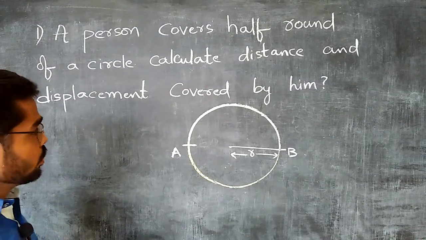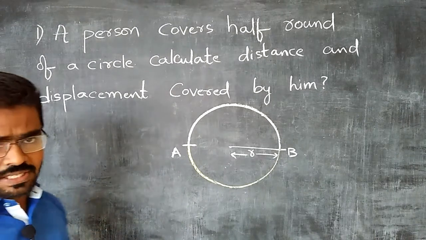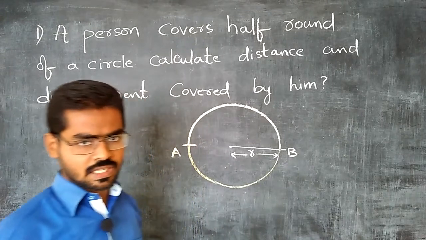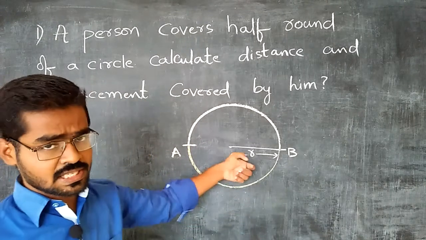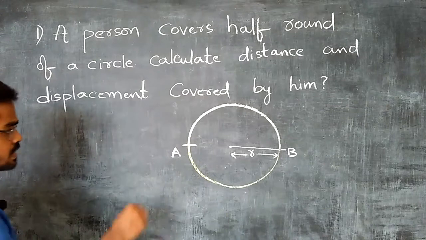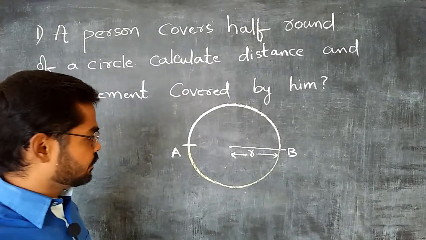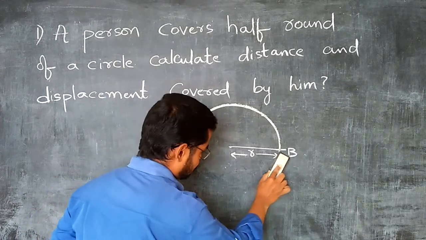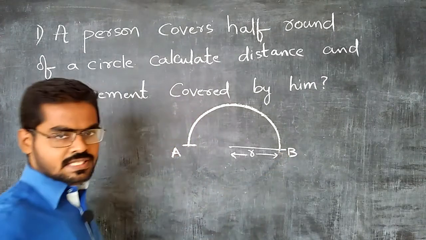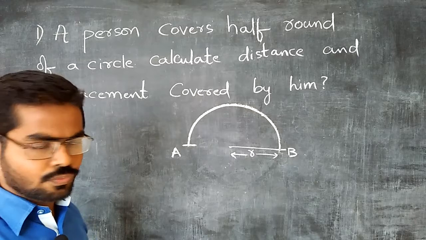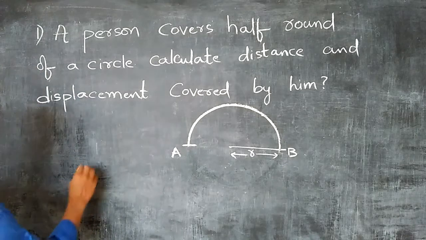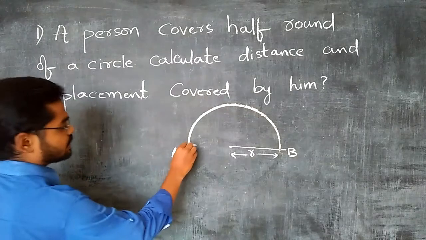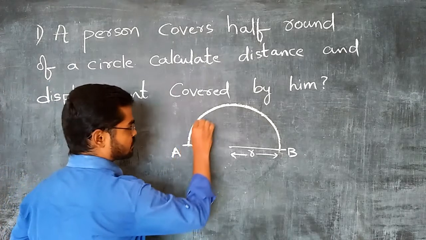We all know the circumference of a circle is 2 pi r, where the radius is r. When he is covering half round, for this semicircle, the circumference will be half of 2 pi r. First let me calculate the distance. Distance is this path length.